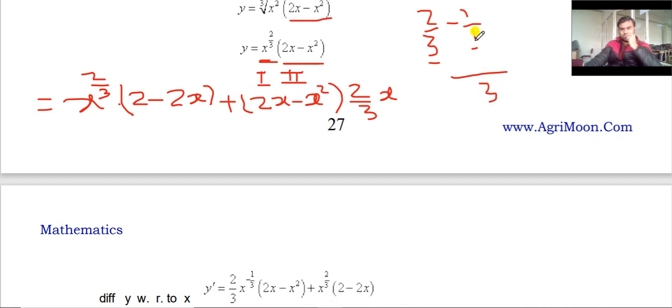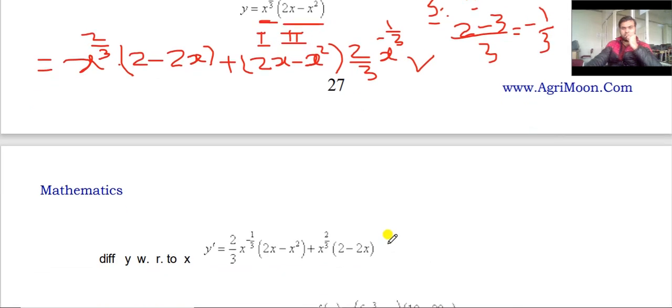So this 1 is multiplied with this 2, so this becomes 2, and minus this 3 is multiplied with this 1, this becomes 3. So it is minus 1 by 3. So here the power of x is minus 1 by 3. So this is your final answer of the question. So that is similar to this one.